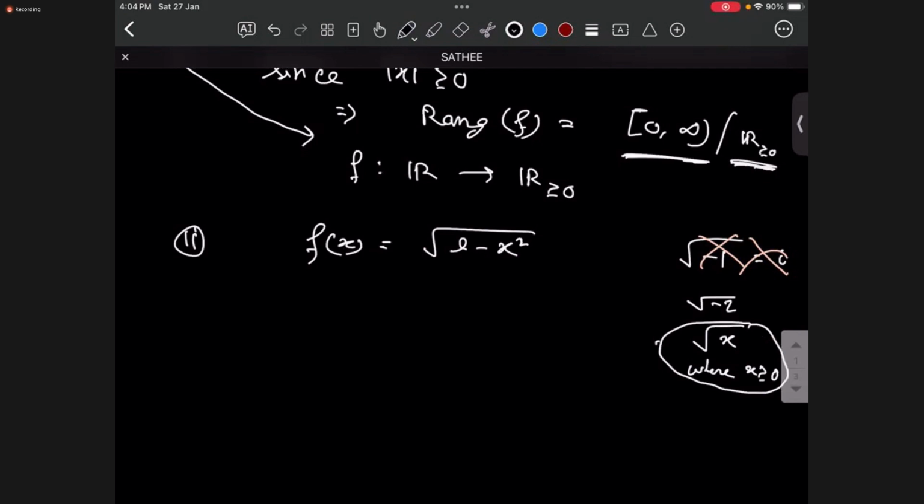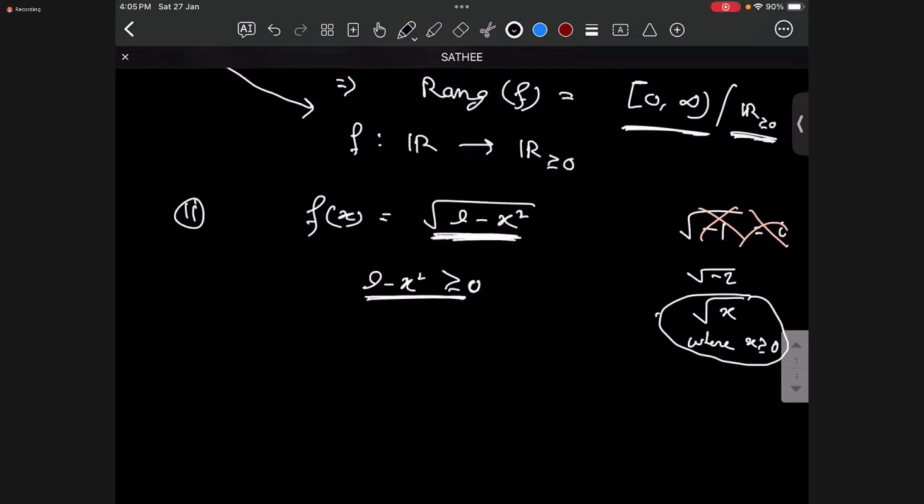Considering that, what is the case here? We need the 9 minus x square part to be greater than or equal to 0, right? To get a well-defined value, this part must be greater than or equal to 0. So this implies 9 is greater than or equal to x square.